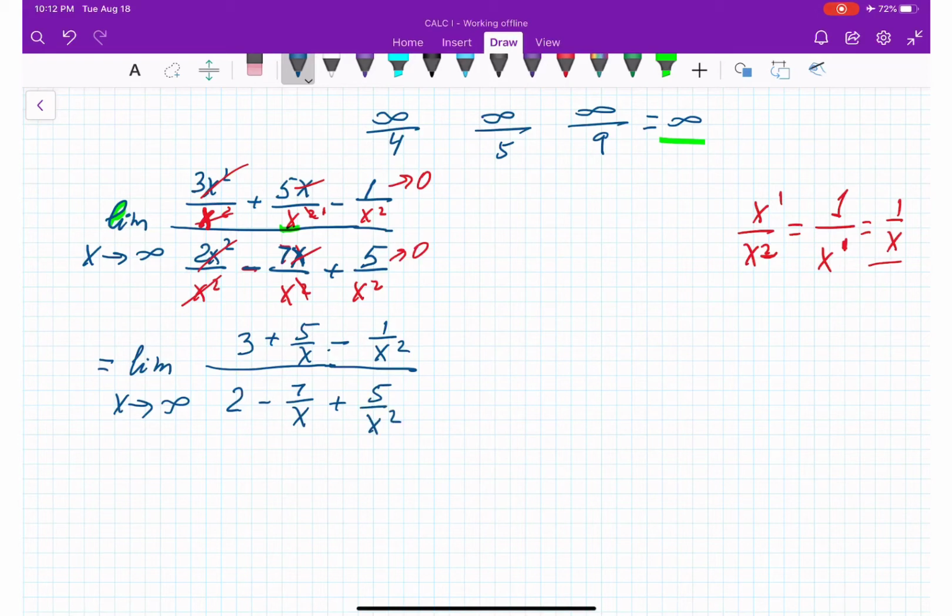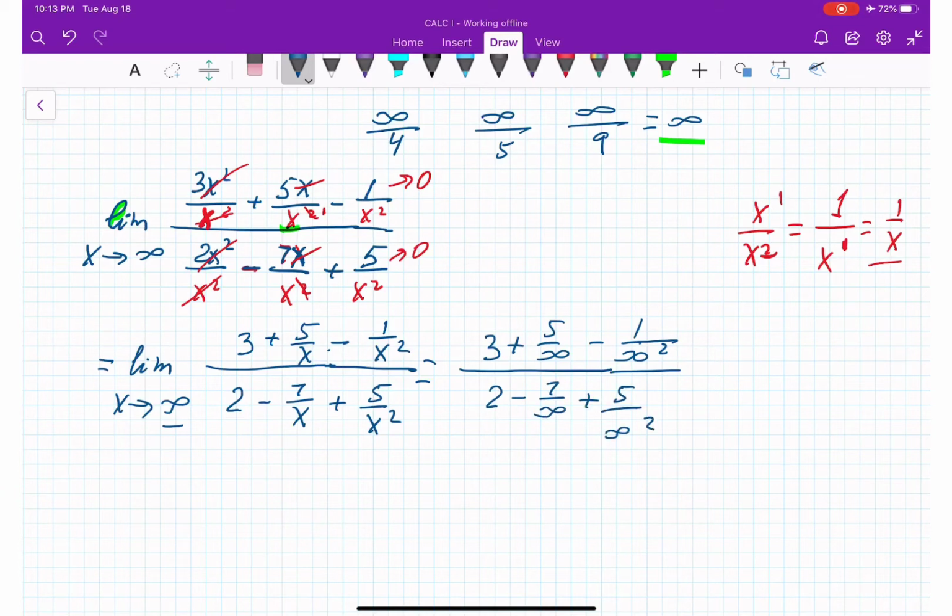So let's plug in the values of infinity finally, and we are going to get 3 plus 5 over infinity minus 1 over infinity squared, and here we get 2 minus 7 over infinity plus 5 over infinity squared.